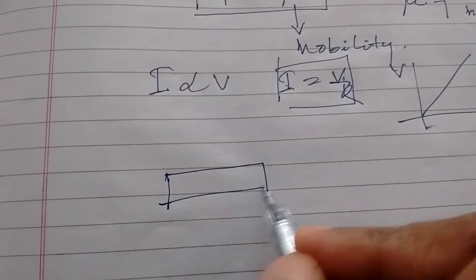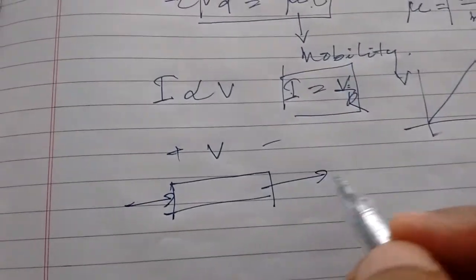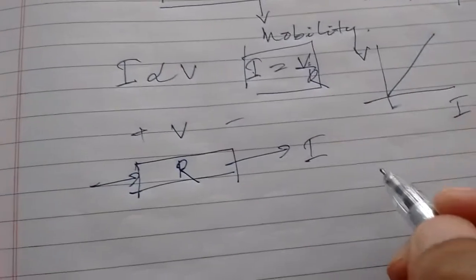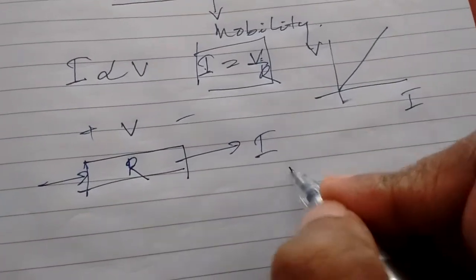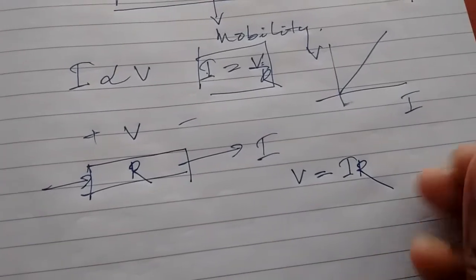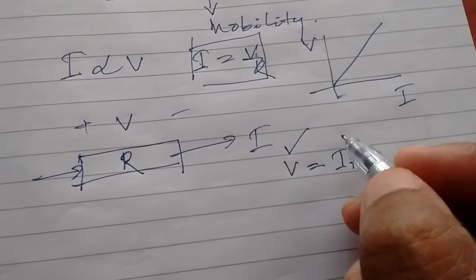For example, suppose in a conductor voltage is applied, plus minus V, and current I is flowing, and its resistance is R. We can write this relationship as V is equal to IR. Now if you increase the voltage, current will also increase.